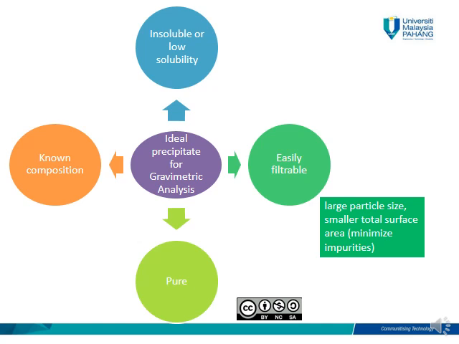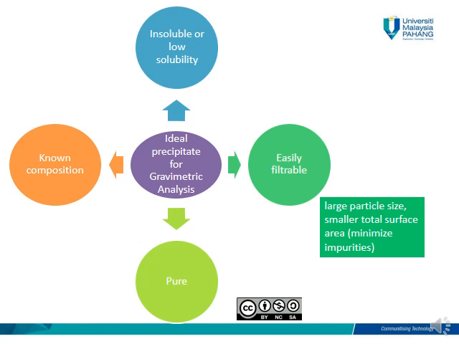When we talk about purity, we always refer to a very high purity of precipitate. It is not easy to get 100% purity, so basically we will get about 99% purity.